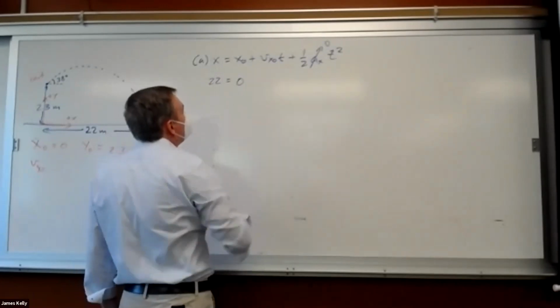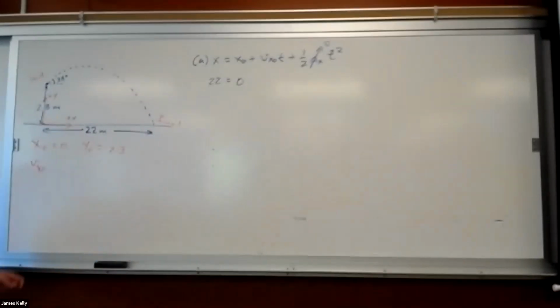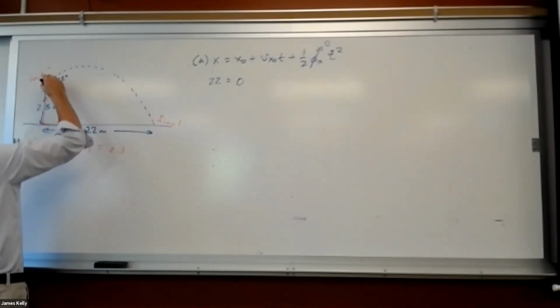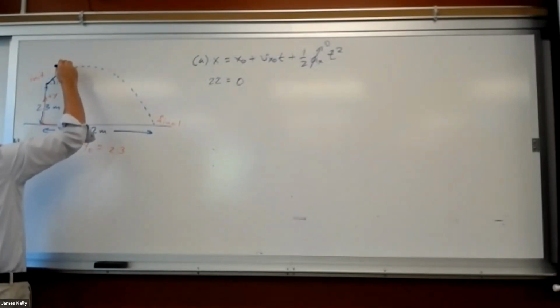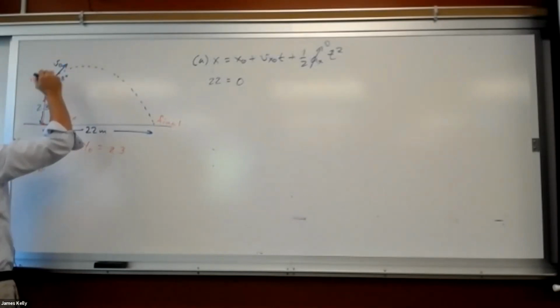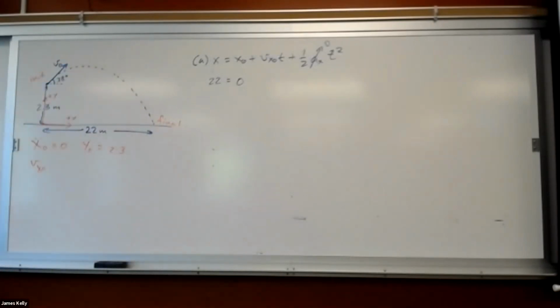Unfortunately, I don't know anything about Vx0. I'd like to use this 38 degrees because that's some information I know and is probably important. So in order to use it, I'm going to put in a placeholder. I don't know what speed it was released with, but I'm going to call that speed V0, the initial speed with which it's released. We were given that number in the last problem, but here, somewhat annoyingly, it wasn't given.